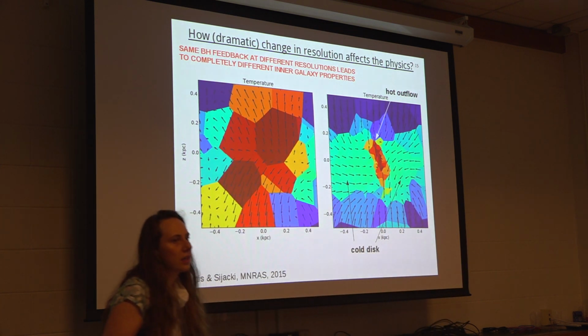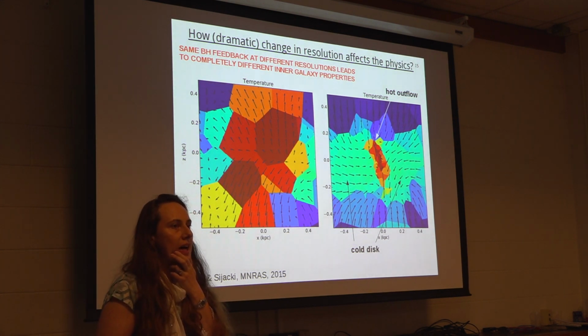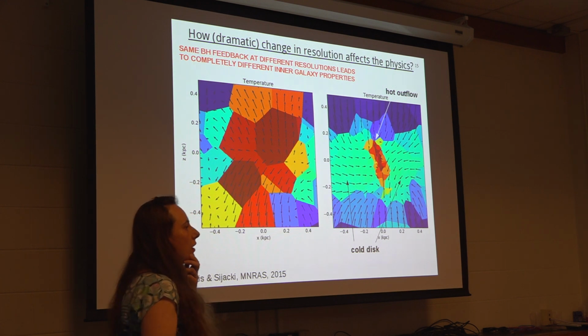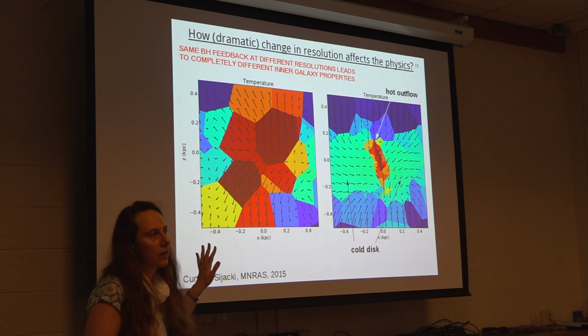So the first striking result that came from this exercise was that the feedback effects are different if you have significantly different resolution. This is shown here. So this is showing temperature maps in the central region of a galaxy.